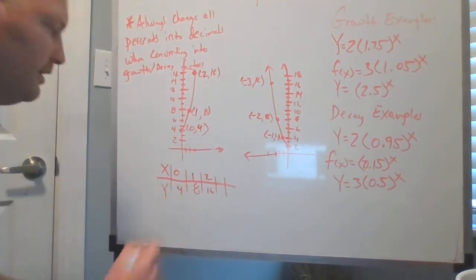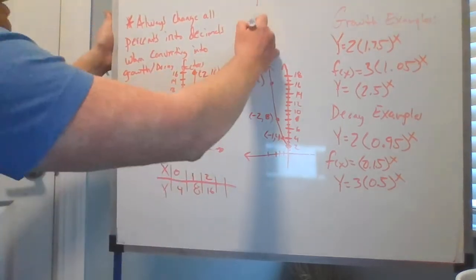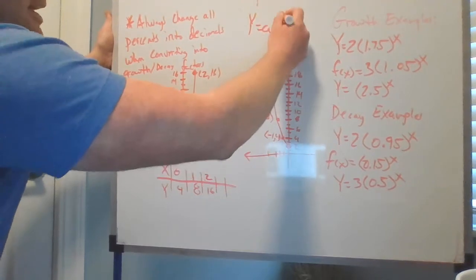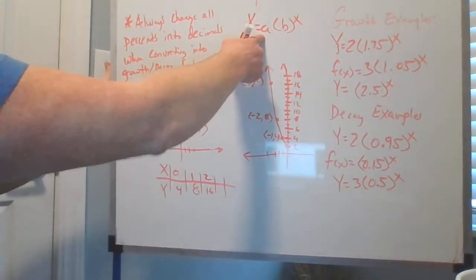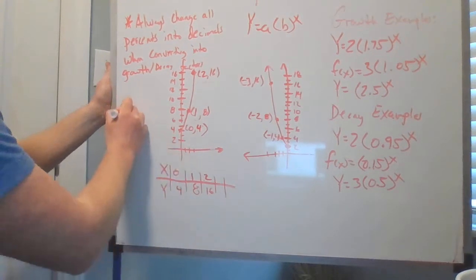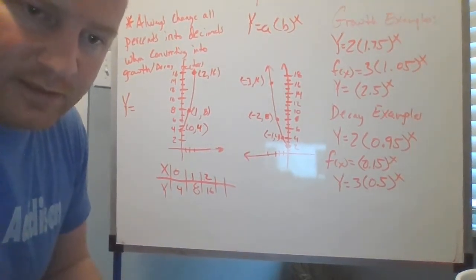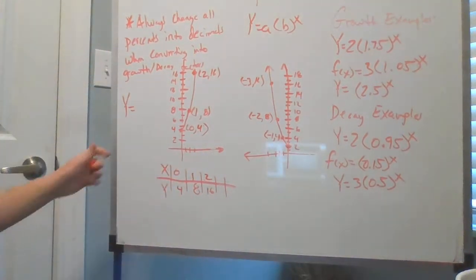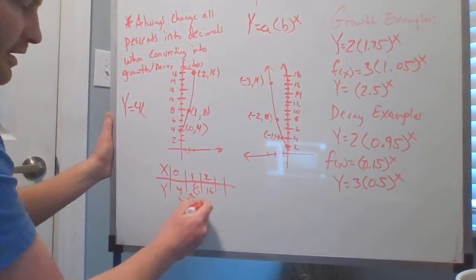All right. So first things first, I can know my equation because the standard format is y equals a times b to the power of x. And my a is my y-intercept, and my y-intercept is explicitly told to me, so this is y equals 4 times, well, what's happening every single time?